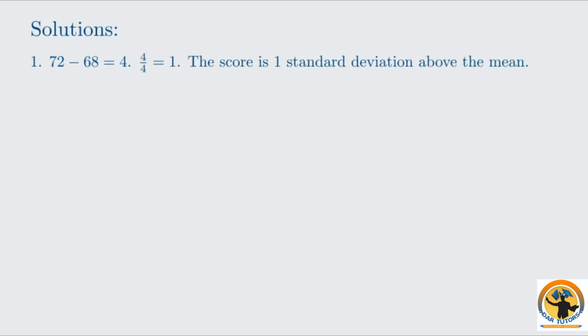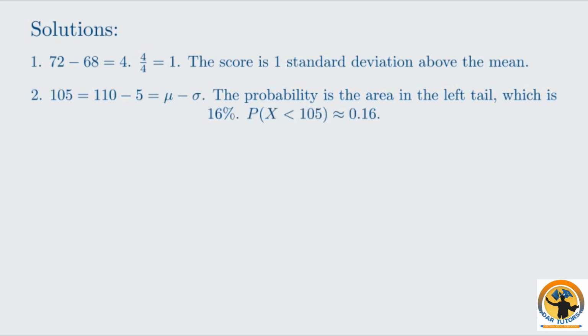Since the standard deviation is 4, this is exactly 1 standard deviation above the mean. For question 2, 105 is 1 standard deviation below the mean, 110 minus 5 equals 105. The area in the left tail is 16%, so P of X less than 105 is approximately 0.16.